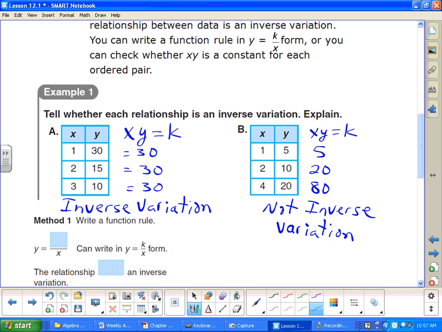So if you can multiply x and y together and get the same number, it represents an inverse variation relationship. And if you multiply them together and it's not, then it wouldn't be one. When we did direct variation, we divided them, where with inverse we're multiplying.